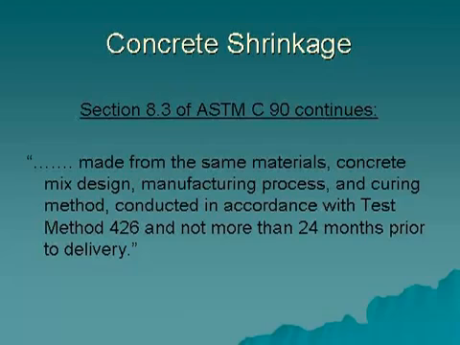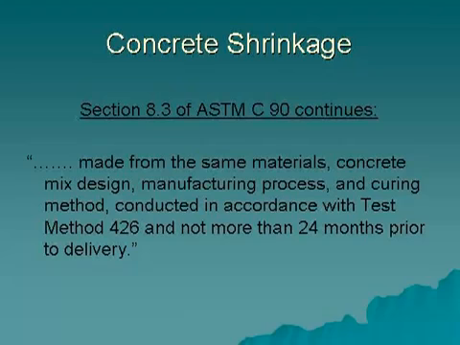It is not required or even necessary to perform shrinkage tests on every geometric shape or size a block producer may manufacture, as long as curing methods, materials, mix design, and production methods have not changed. The standard only requires one ASTM C426 test not older than 2 years from the previous test.